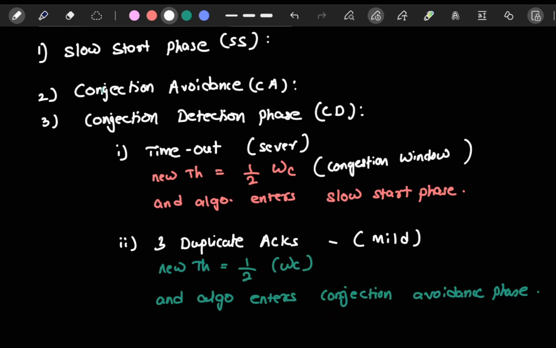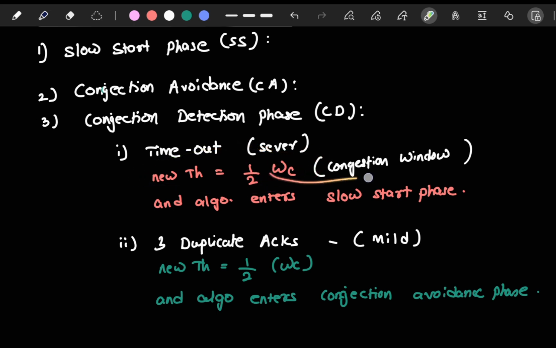Let's see what will happen in the congestion detection phase, when there is a timeout and when there is a 3 duplicate acknowledgement. For example, in the congestion detection phase, when there is a timeout, that means the congestion is severe, right? At that time our algorithm will create a new threshold. How will it create it?